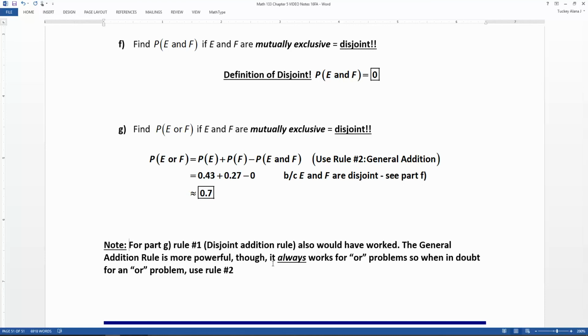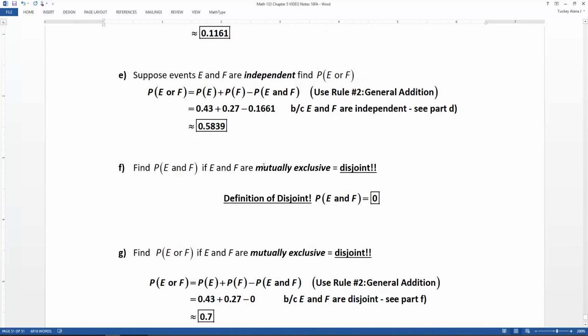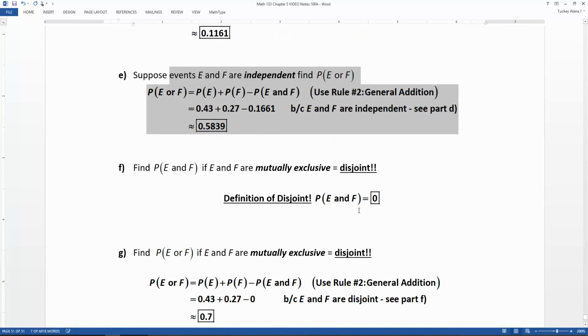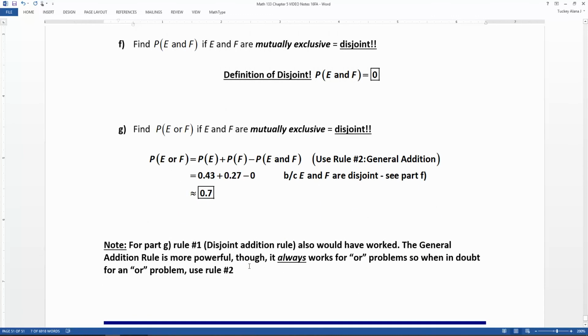So if you're in doubt, if you're not sure, like for example, this one right here, letter E, when you didn't know what independent had to do with anything, then you're better off using rule number 2. All right, we are all done with that problem.